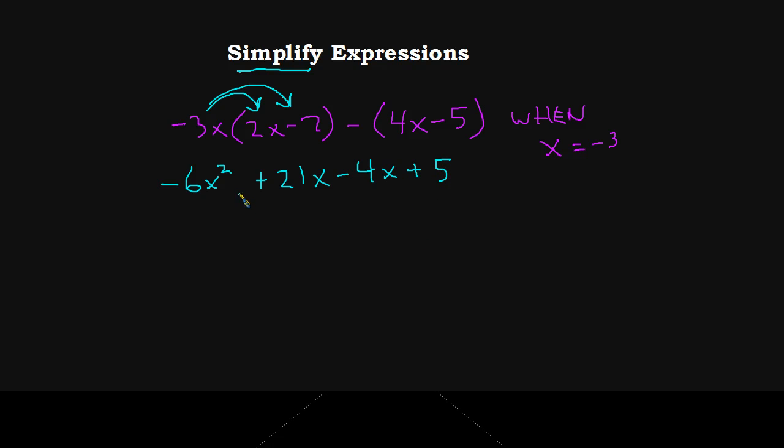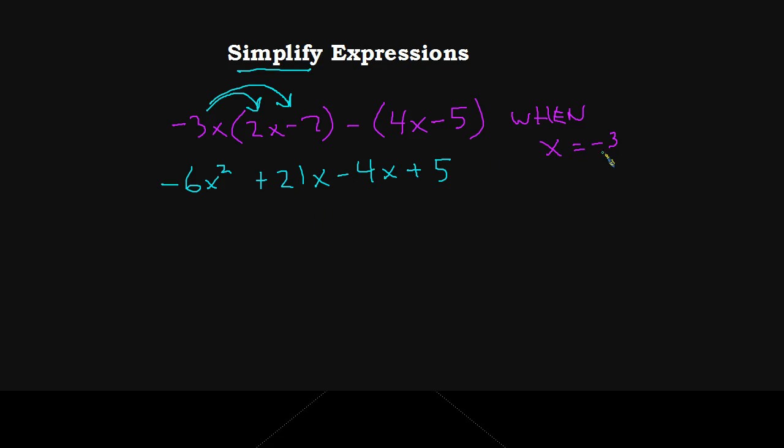Now, I don't know that I've made this a whole lot more simple, but I still have to put the -3 in at 3 spots. But in some cases, when we simplify, we will have a better situation than what we started with. So it's always worthwhile to try to simplify the expression before you evaluate.